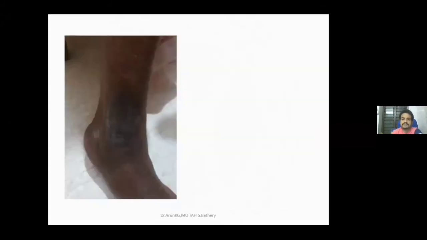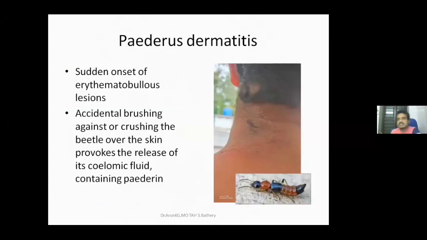Then paederus dermatitis is also common in our area where so many trees are there, hilly areas and all, during rainy season. This beetle, this acid fly, the dermatitis is also called acid fly dermatitis.